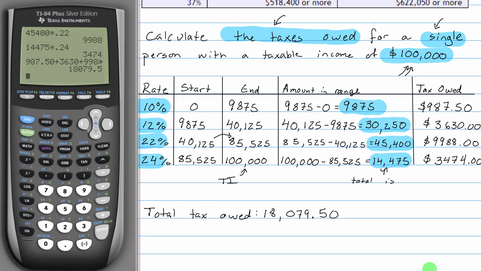We use the calculator to add, subtract, multiply, and divide. But everything else we did by hand. In the next video, I'm going to show you how to do the same thing, but using the calculator to keep track of all of this stuff.